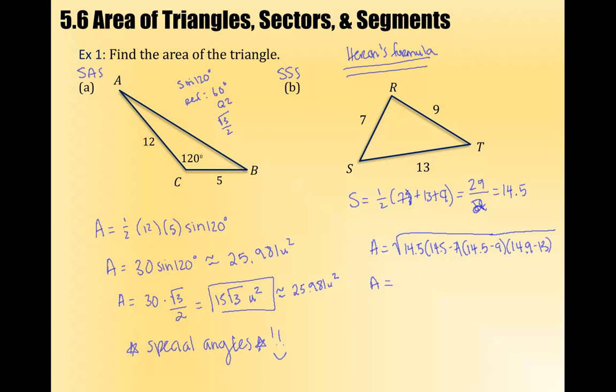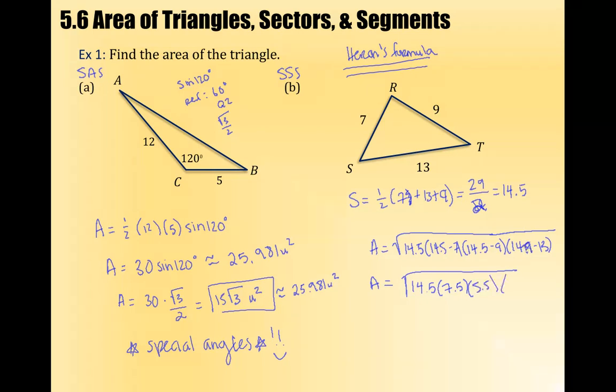So the area is going to be the square root of 14.5 times 7.5 times, what's 14.5 minus 9? 5.5?